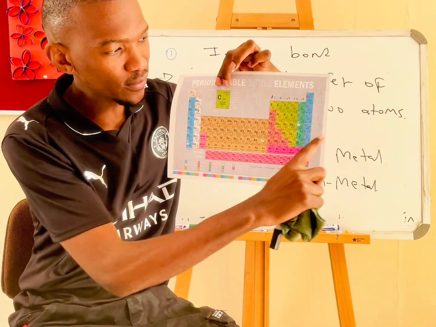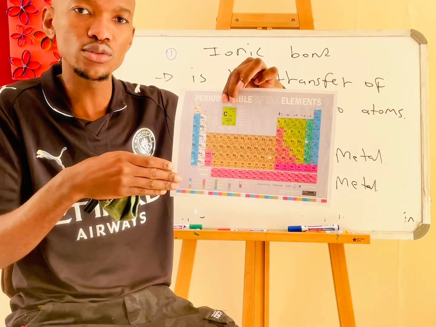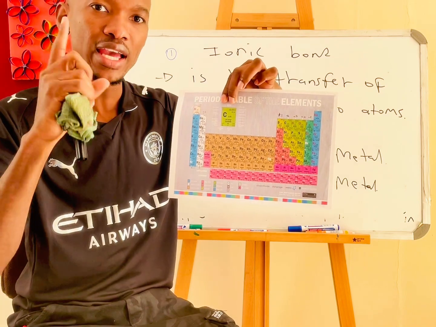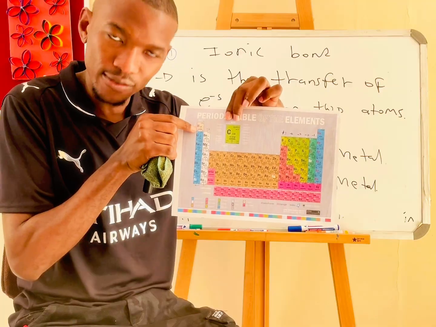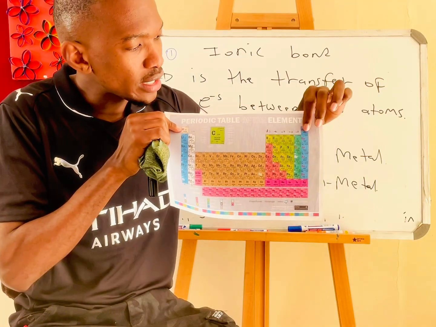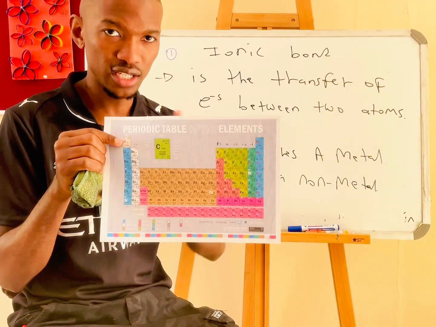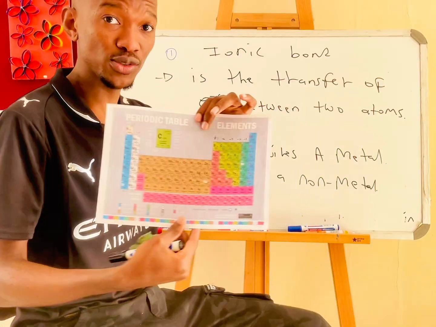If you see any of the non-metals like boron, oxygen, nitrogen bonding with any of the elements in this group, you should know that that is what we call an ionic bond. Okay, but hydrogen, as I've said, guys, is a non-metal. So even if you see hydrogen reacting with chlorine and so on, it's not an ionic bond, because it's a non-metal. So I hope I was able to assist you.